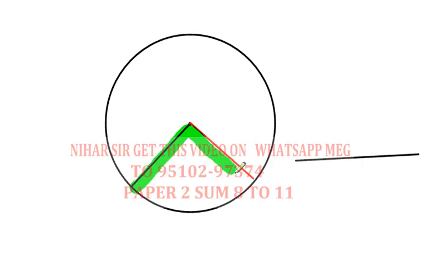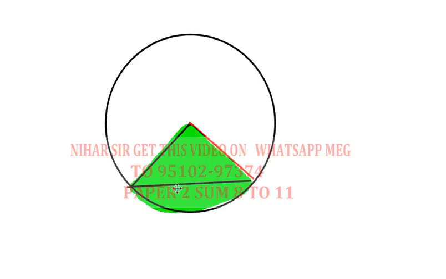That's the minor sector. And what is the segment? If I connect the endpoints of the radii, this area that is separated by this is the segment.